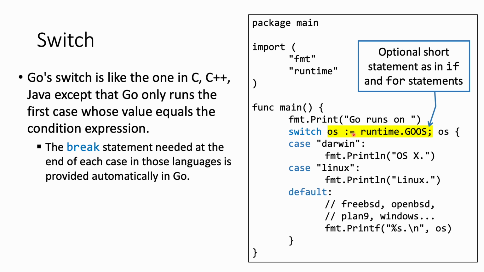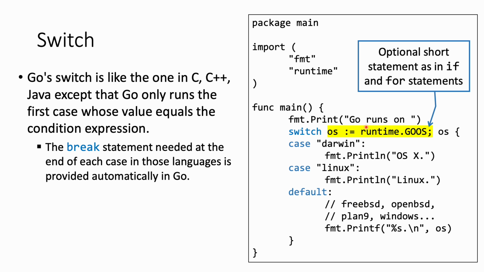And as in the if and for statements, the switch statement can have a short statement to be executed before the condition expression, and any variable declared in that short statement is available within the switch statement only. But the condition expression in a switch statement doesn't need to be a Boolean expression as in the if and the for statements.